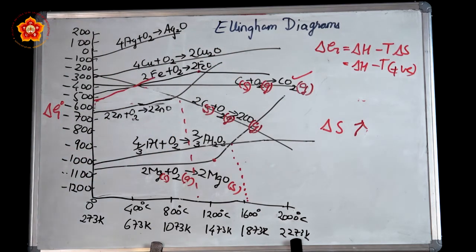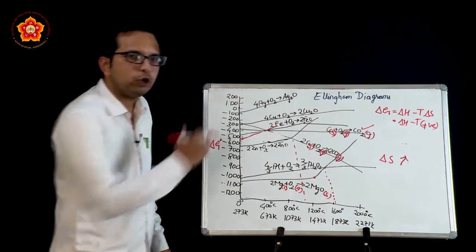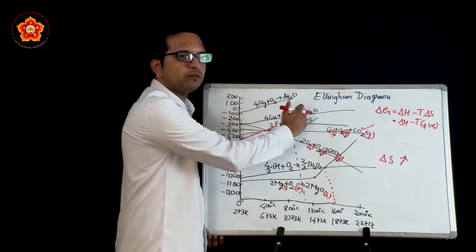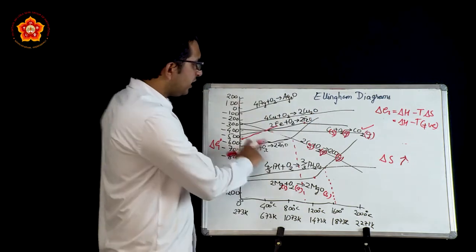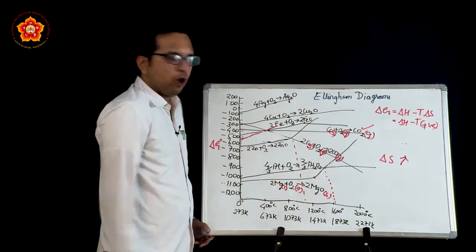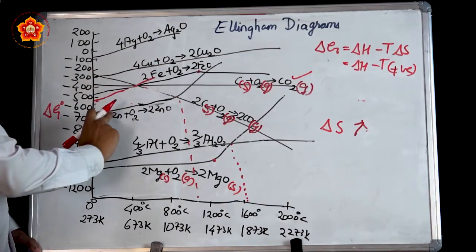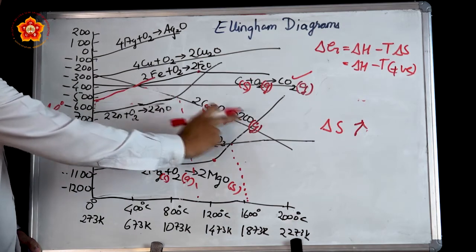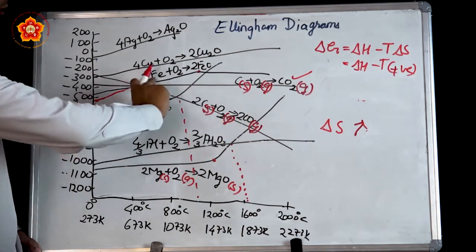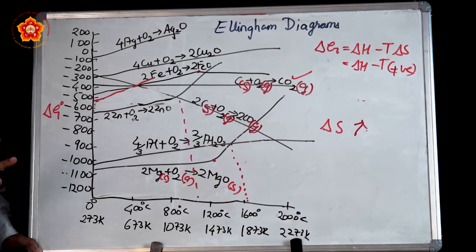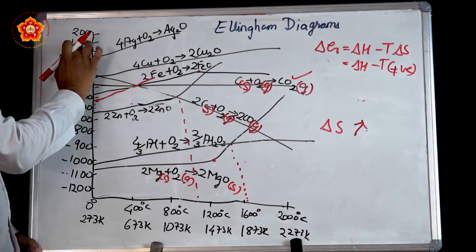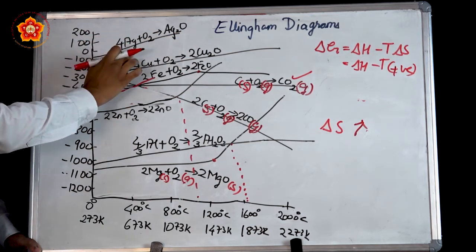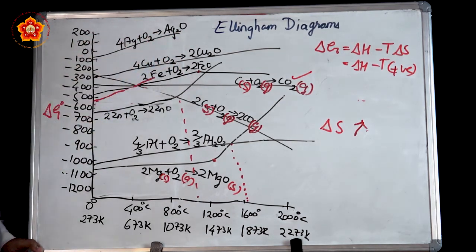As I have already told you, whichever curves are below can reduce the ones which are above them. Similarly, in the case of copper, you can use carbon or carbon monoxide as a reducing agent. Those which are very high and have positive delta G values need not have any reducing agents, they can reduce by themselves.